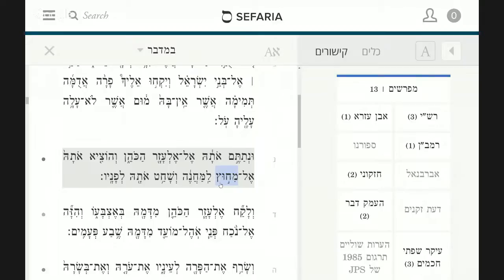So what I'm saying is chutz is the outside of something, right? As a noun. Michutz is more of a preposition, ends up meaning outside of. You see what I'm saying? So if you're thinking about outside as a noun, as a thing, as a place, then it's just chutz.